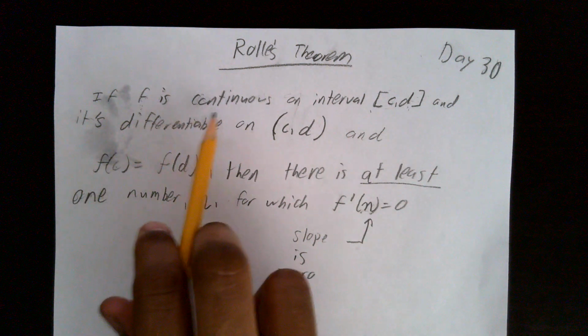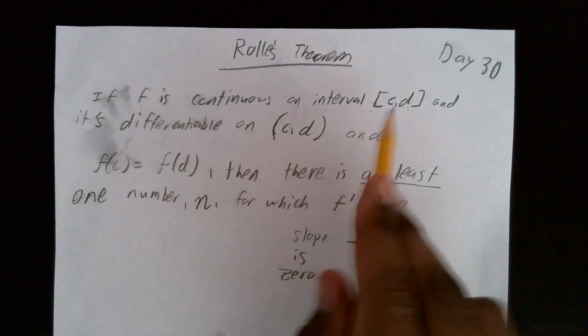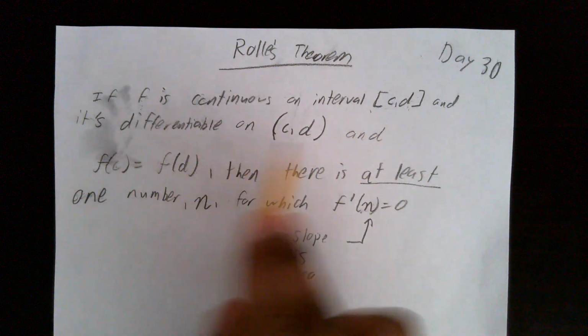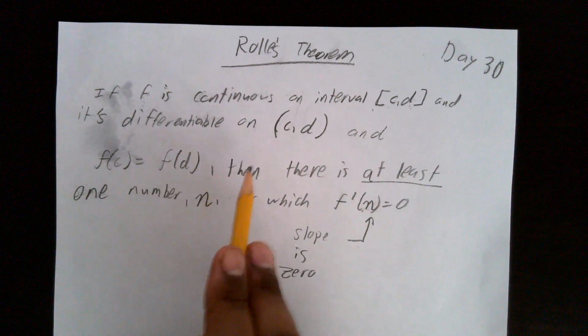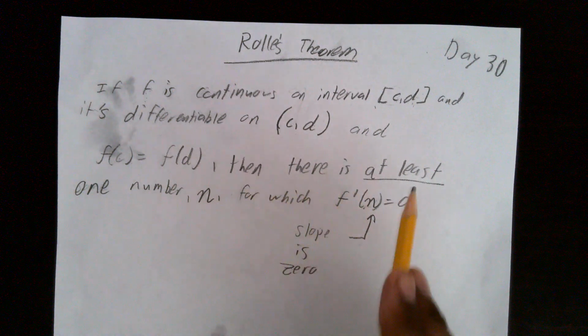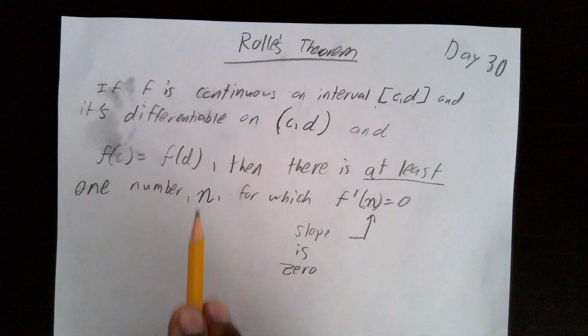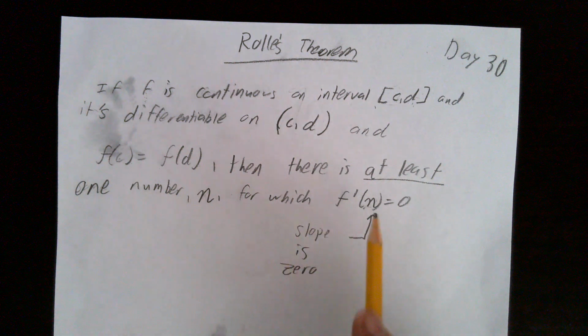If f is continuous on the closed interval [c, d] and it's differentiable on the open interval (c, d), and f of c is equal to f of d, then there is at least one number n for which f prime of n is equal to 0.